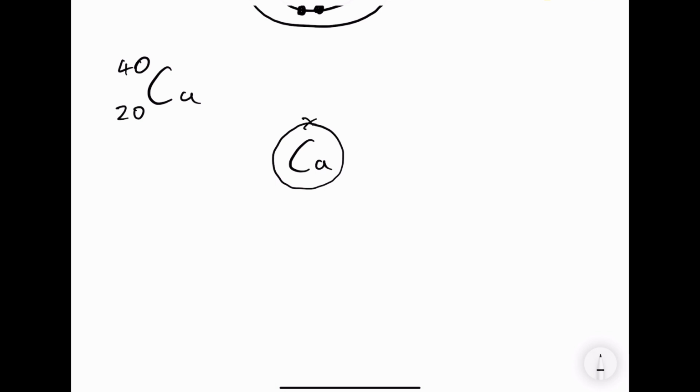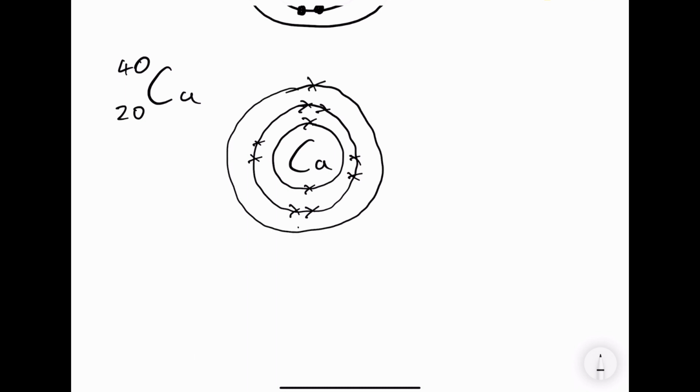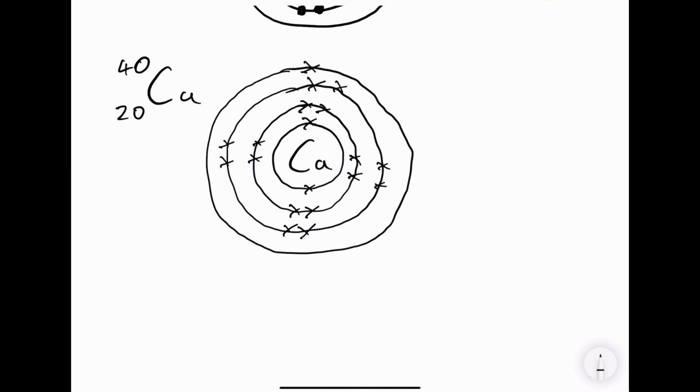So we have 2 in the first shell, 8 in the next shell, bring us up to a total of 10. Then another 8 in the next shell, bring us up to a total of 18, and then we need a 4th shell to hold the other 2. So this is the biggest atom that you'd be expected to draw, calcium.